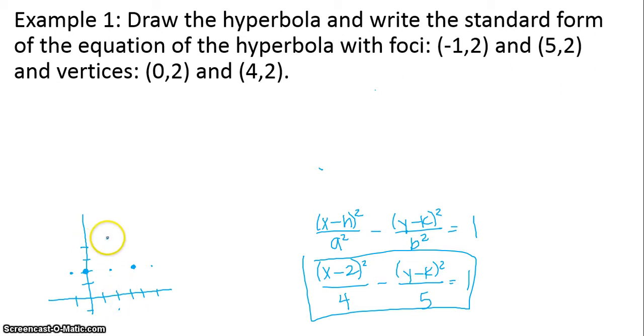And then I can use those dots from the b and with the a to make this rectangle. That way I know where to draw my asymptotes through. And then when I draw my branches, I can kind of trace out my branches. I cannot do lighter or darker on here, so I would just try to make sure your asymptotes in this box don't need to be very heavy. Your vertices, your foci, your branches do.